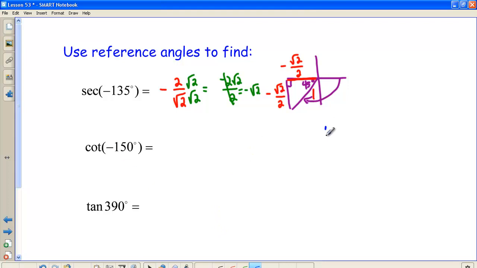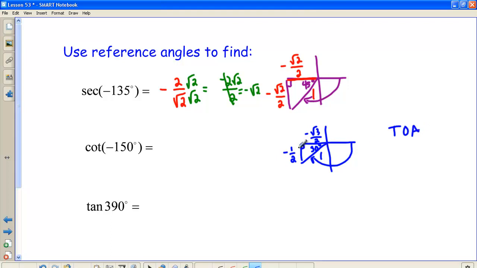Okay, negative 150. So negative 150 leaves us with a reference angle of 30. You should know that opposite the 30 is the shorter leg. Adjacent to the 30 is the longer leg. So for cotangent, remember tangent is TOA, so cotangent is adjacent over opposite, which is really cosine over sine.